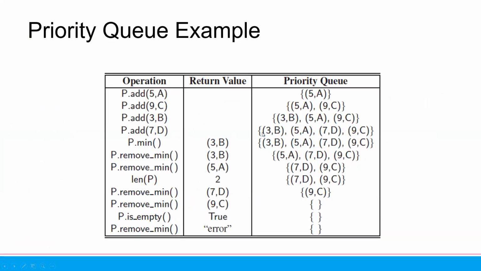So we already learned about this priority queue example. In real life, we have many applications. For example, if you go to a government office, maybe old people will be priority, or a young disabled person will be priority.